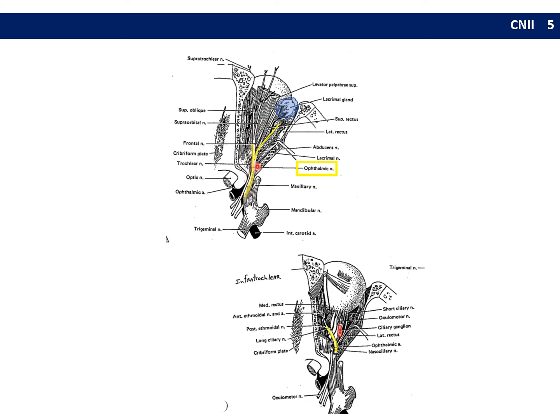It goes through the superior orbital fissure and then gives off these branches as we've just discussed. Slightly deeper is where you will encounter the nasociliary nerve, and hanging off of that will be a tiny ciliary ganglia with these tiny little nerves projecting to the posterior aspect of the eye.